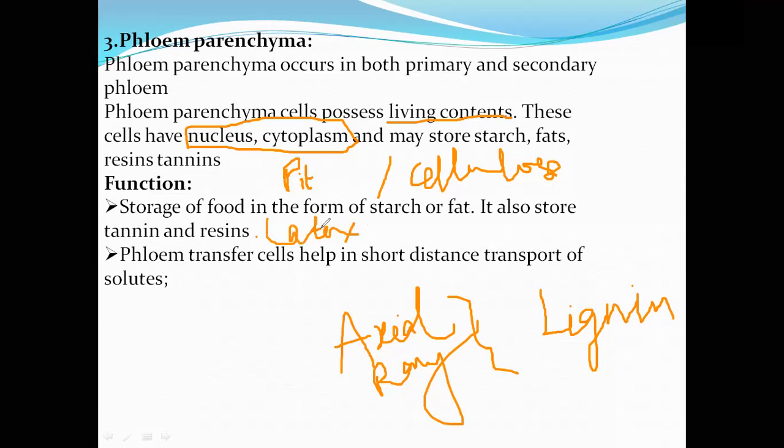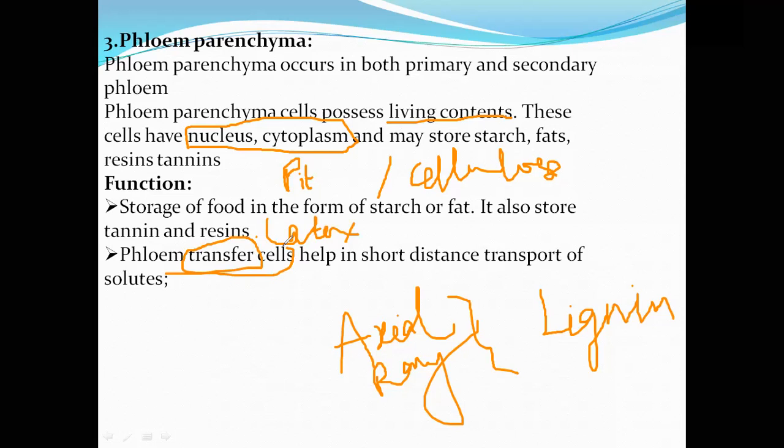Clear? One more function is that the phloem transfer cell helps in the short distance transport of solutes. If it is in the form of a transfer cell, it is involved in the transport of solutes over a short distance. So this is about the phloem parenchyma.